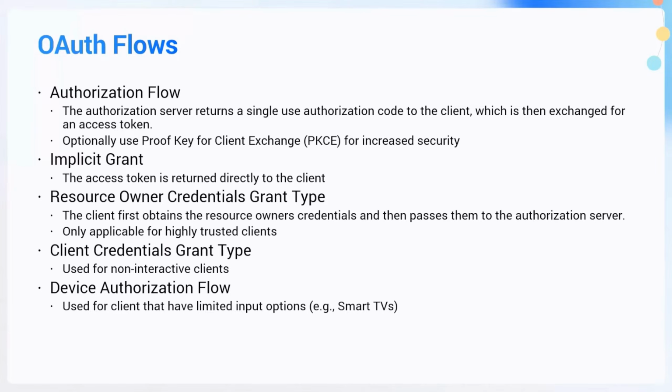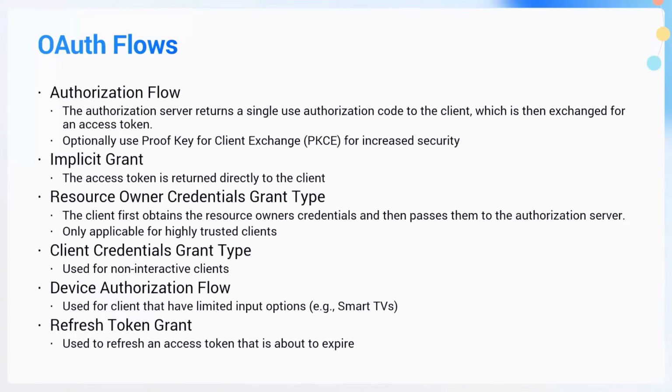That way the user's not trying to log in on their smart TV. They can do it through their personal device. And I'll talk a little bit about why I want to feature that particular flow. And lastly, there's the refresh token grant. Now, this isn't a flow that's used to get the original auth token.